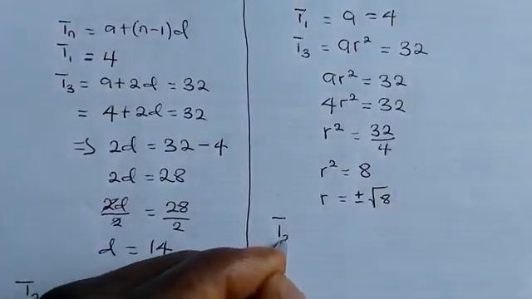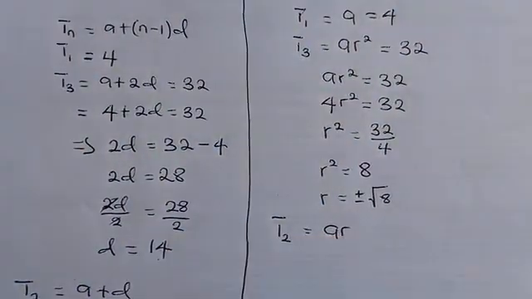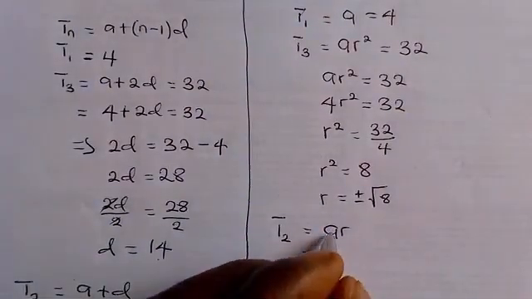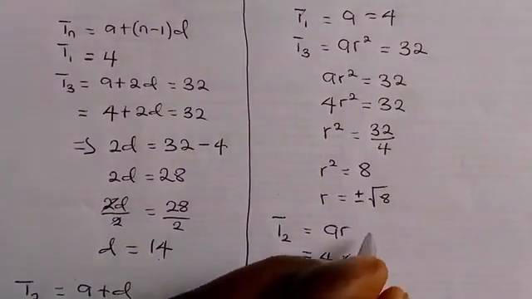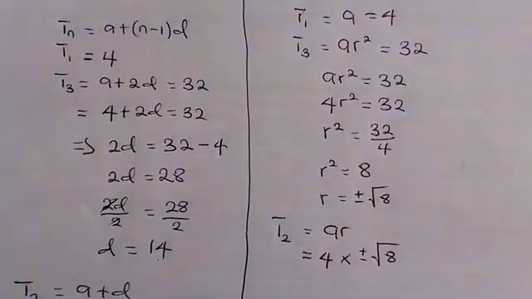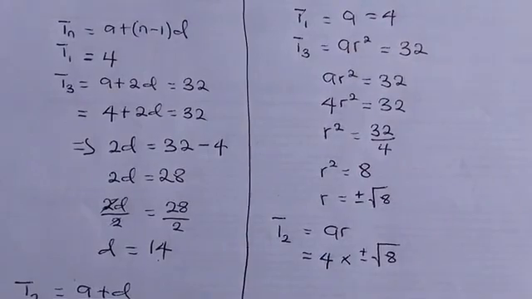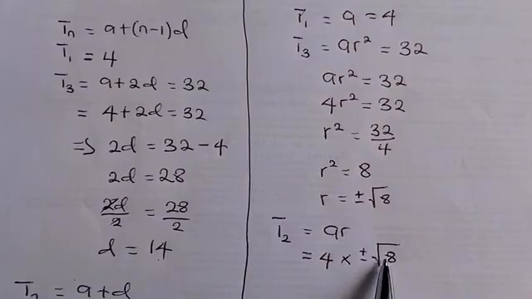So since our common ratio has been found to be plus or minus square root of 8, the next step is to bring our formula for T2, and T2 simply is equal to AR, implying that we are going to have 4, which is the first term, multiplied by our common ratio, which is plus or minus square root of 8. You know that this is not yet in its simplest form, so we can simplify root 8 further.